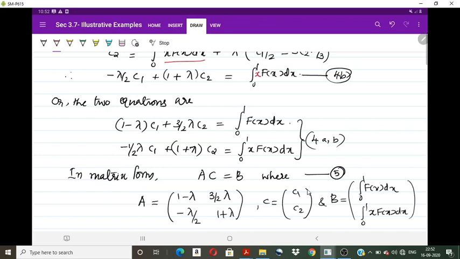B is the column matrix with first row the integral from 0 to 1 of f of x dx, and second row the integral from 0 to 1 of x into f of x dx. Now, according to the nature of the solution of this matrix system, we will get the values of C1 and C2, and accordingly we will get the solution of the Fredholm integral equation from equation number 2.